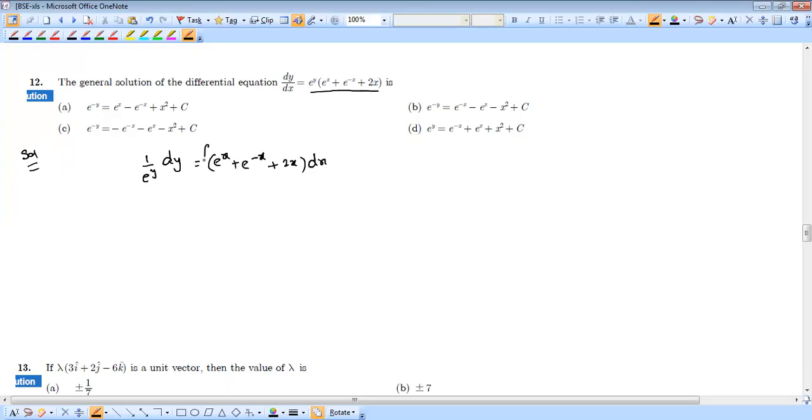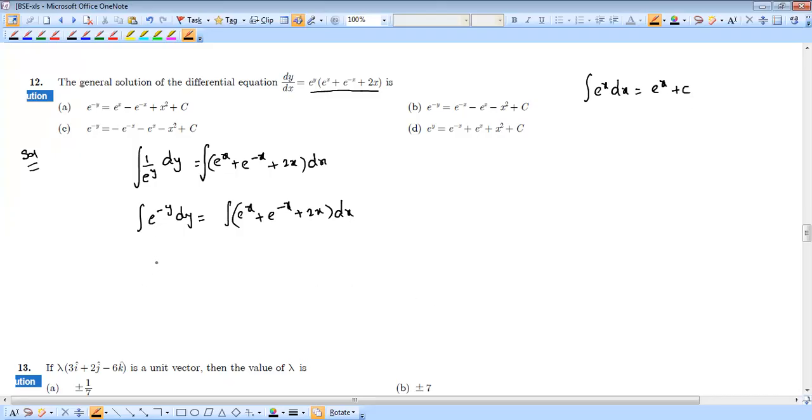Now again the same thing, applying integration on both sides. Here 1 by e power y you can write as e power minus y dy, and (e power x plus e power minus x plus 2x) dx. As we know, integration of e power x dx is e power x plus constant.